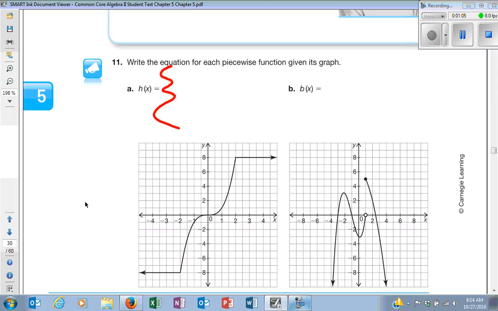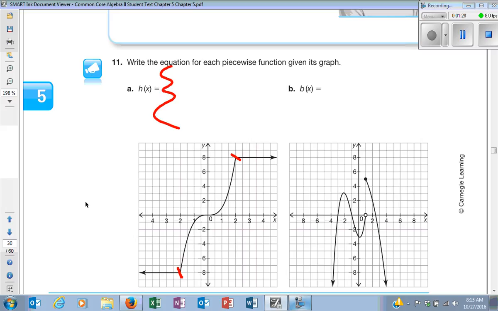Okay. So look right here. First thing I look at is the picture, and I say, do you see how it looks like the graph changes right there? And it looks like the graph changes right there. So how many rules and how many domains am I going to have to come up with? Changes here, 1.